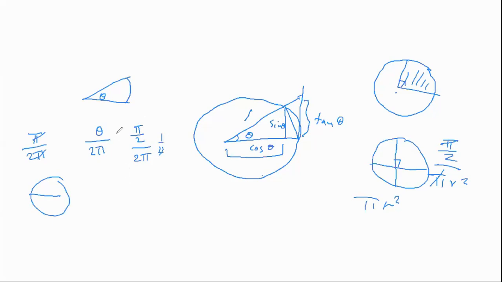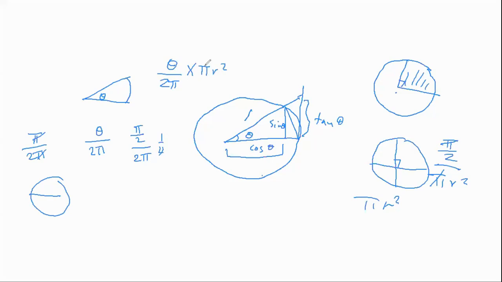So what about this angle? This angle is theta, so the ratio is theta divided by 2 pi, correct? Theta must be in radians, so just leave it in radians now. Let's multiply this by the area of the circle, pi r squared.